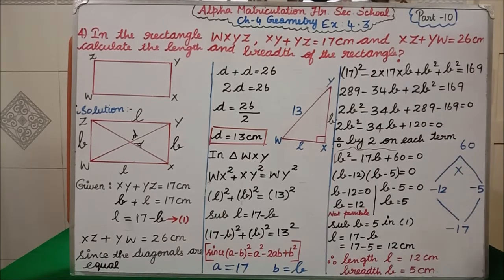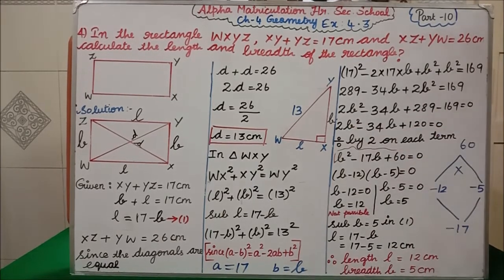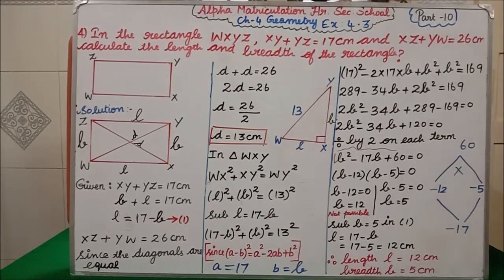Now you see each term, it is divisible by 2, it is also divisible by 2, it is also divisible by 2. Why are we dividing by 2? To make it into smaller values. Suppose if you factorize this itself, you will get big numbers, and that time you have to think more. So that we are reducing the terms.